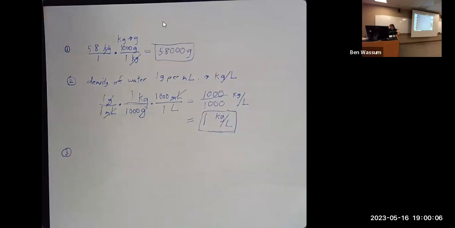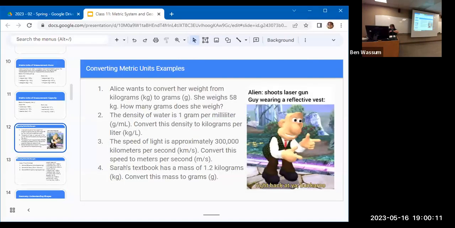Let's do a couple more. The speed of light is approximately 300,000 kilometers per second. Convert this speed into meters per second.